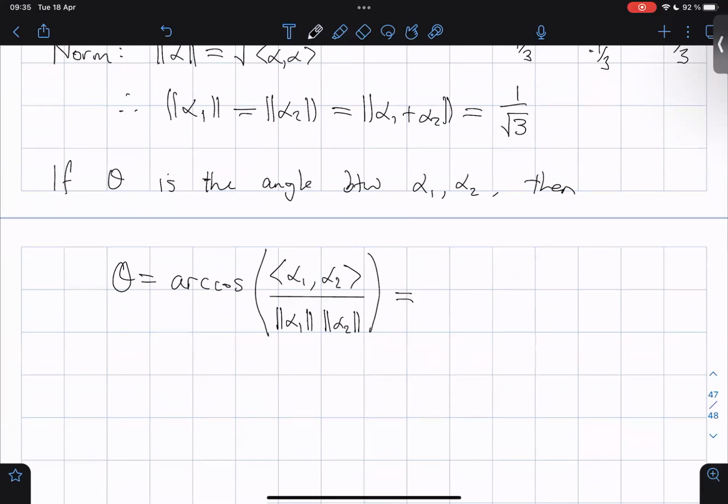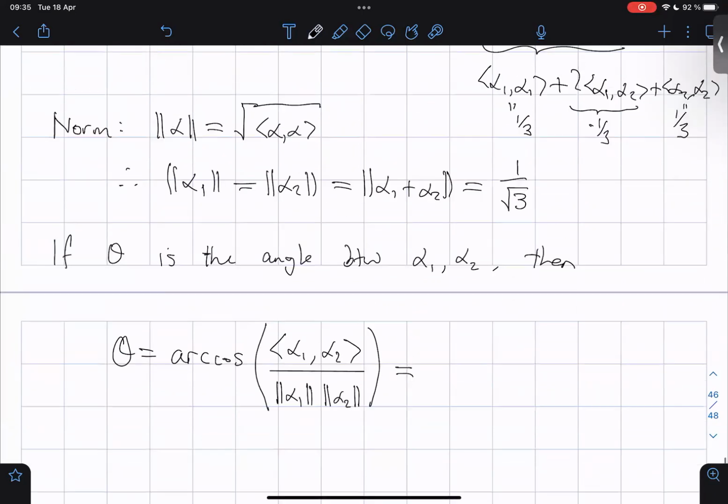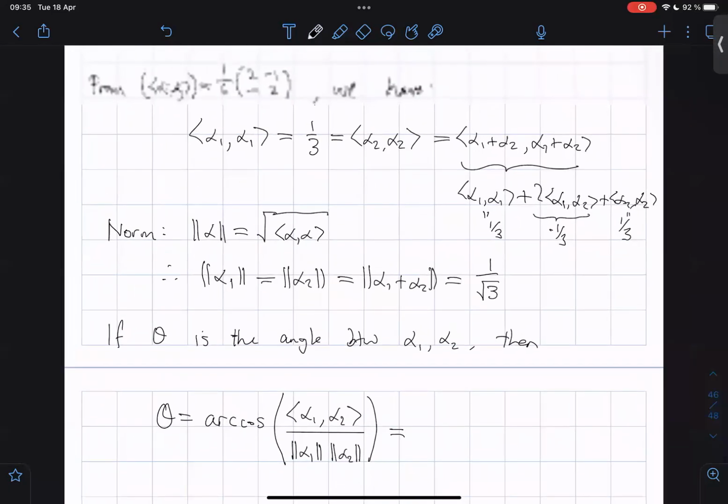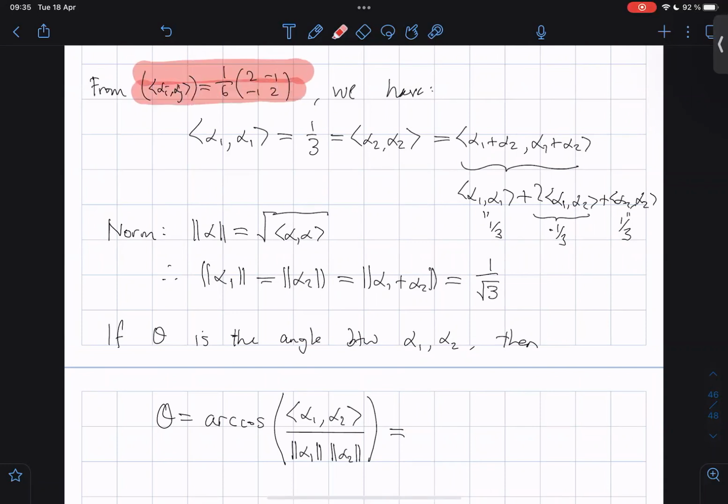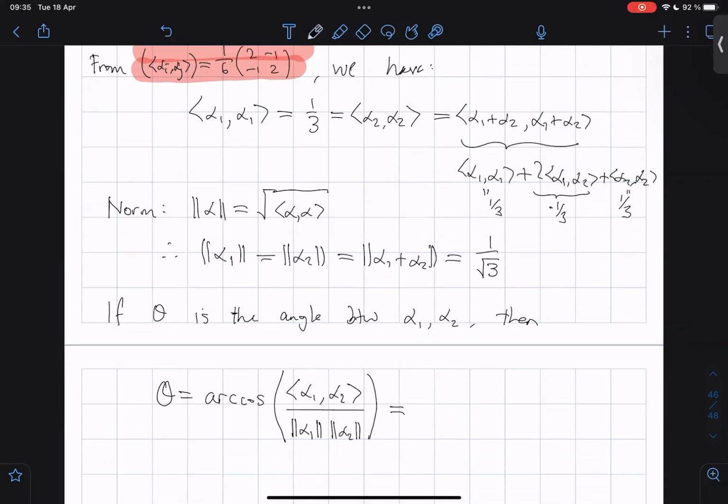Okay. So alpha 1 paired with alpha 2, again, that's part of the data that we have available to us at this stage, right? So alpha 1 paired with alpha 2 is minus 1/6. Okay, so we have arc cosine of minus 1/6, and then we have this 1/√3, but we have to take 2 of those guys, or take a product.